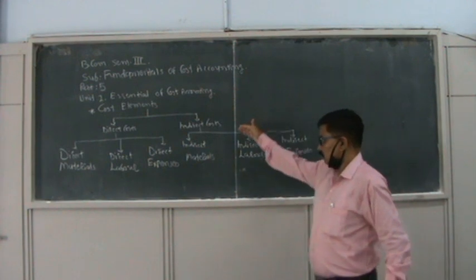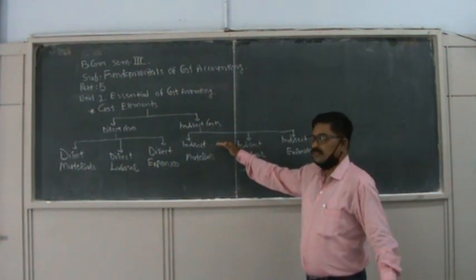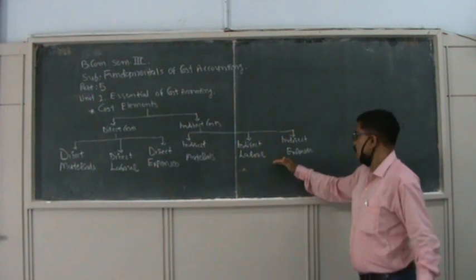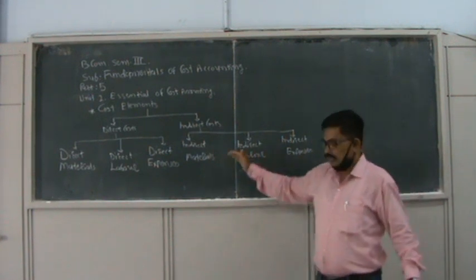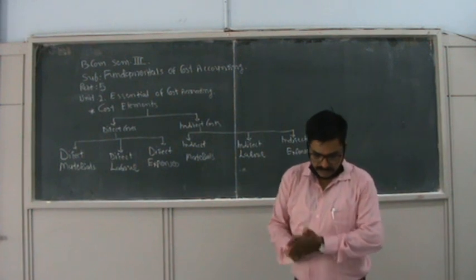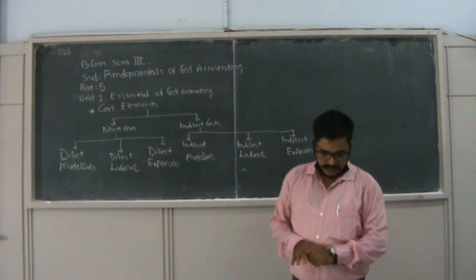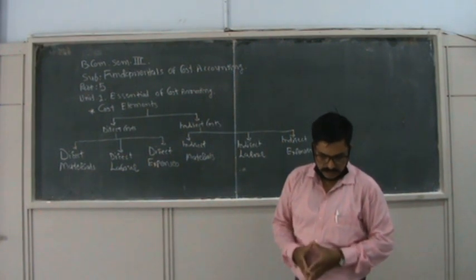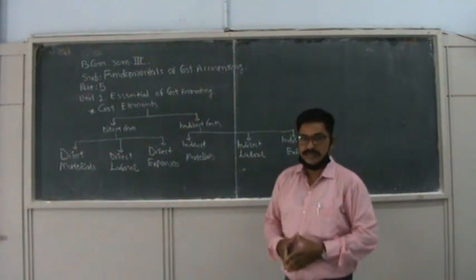Now indirect cost is divided into three parts: indirect materials, indirect labor and indirect expenses. Indirect materials are those materials which cannot be conveniently identified with an individual cost unit.